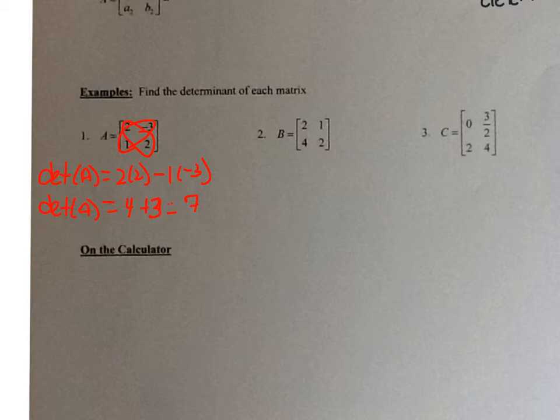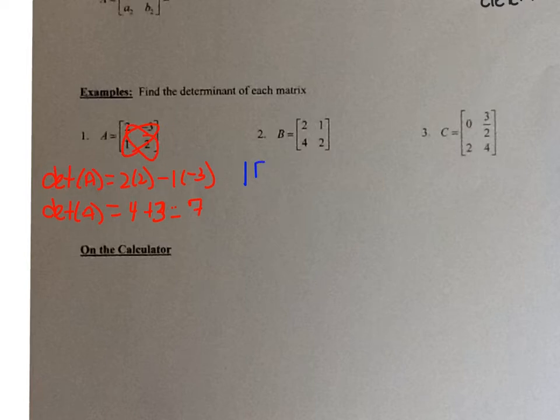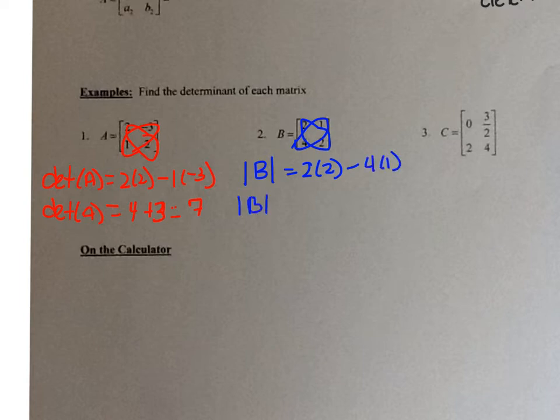All right, the determinant for matrix B, so we can write it like this with the bars, determinant of matrix B. So that's going to be 2 times 2 minus 4 times 1. So the determinant for matrix B is 4 minus 4, which is equal to 0.